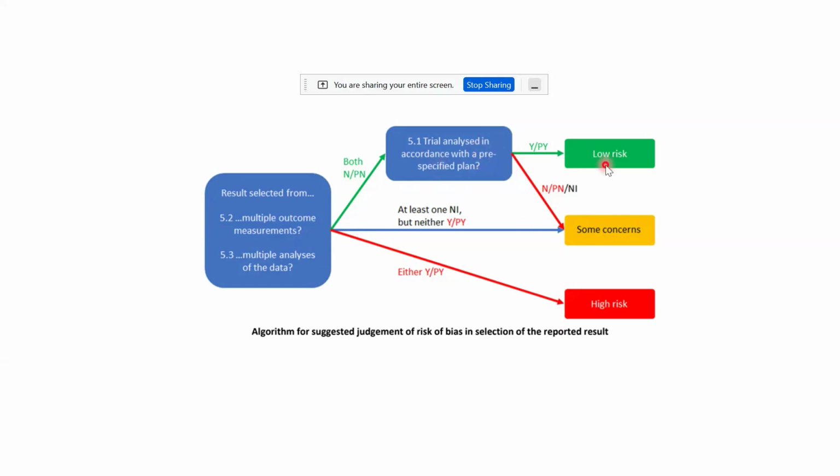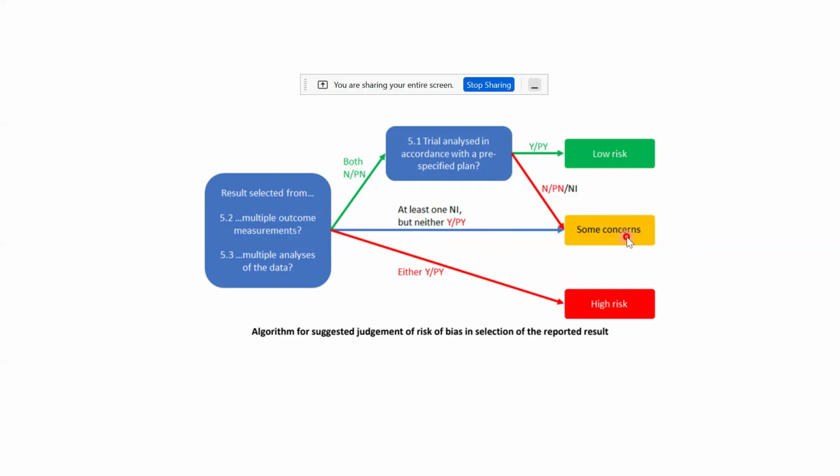If yes, it is low risk. And if it is no, or there is no information, it becomes some concerns. On the other hand, if there was no information for at least one, but neither yes or probably yes, then we go to some concerns.